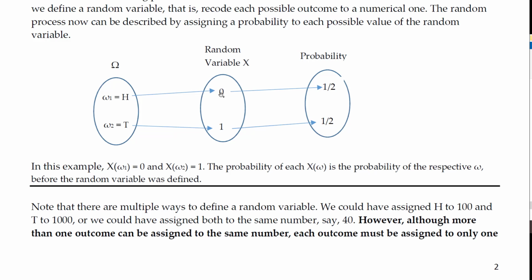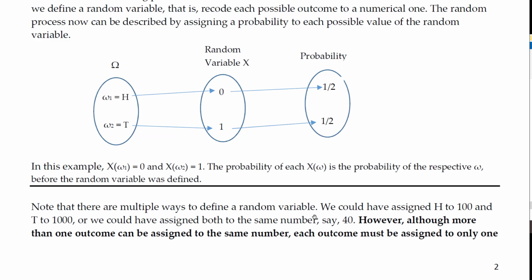What I cannot do, and that's because of the definition of functions, is assign one outcome to more than one value of X. So, to assign heads to 0 and to 1 is not allowed. But to assign more than one outcome to the same number is allowed.